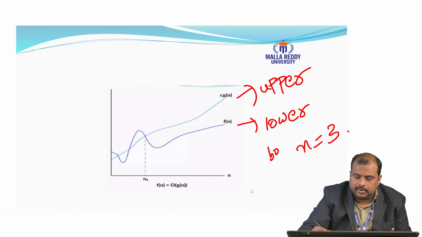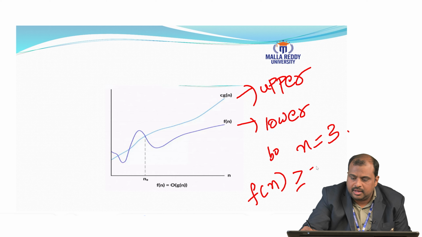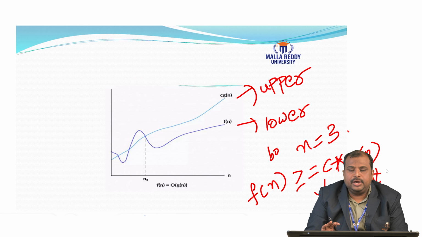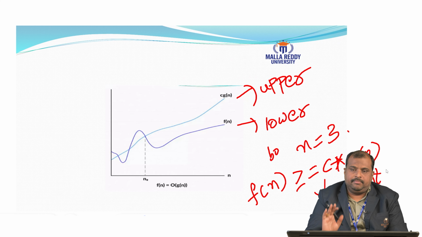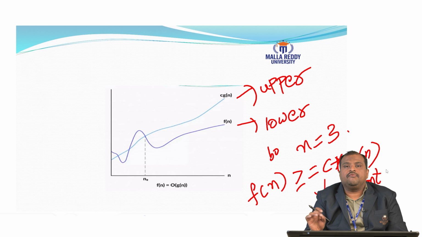The equation is always f of n should be less than or equal to c star g of n. Here c is called a constant. Finally, big O notation clearly represents the longest amount of time. It calculates the longest amount of running time of an algorithm.